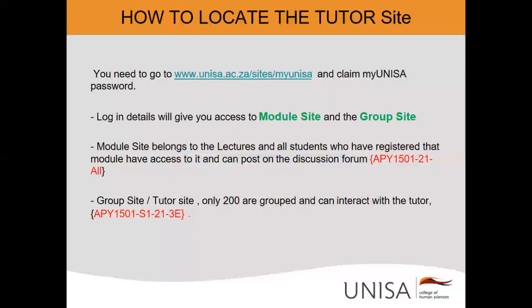Then you will have the S1 in the group site, representing semester 1, or S2, representing semester 2, depending on which semester you have registered the module. So for this year, because we have combined the semesters, we have the super semester. We have some students who have registered the APY 1501 for the second semester, and other students would have registered the APY 1501.